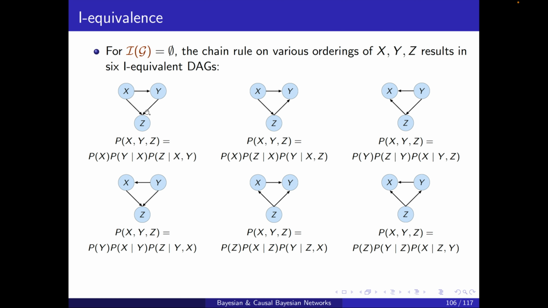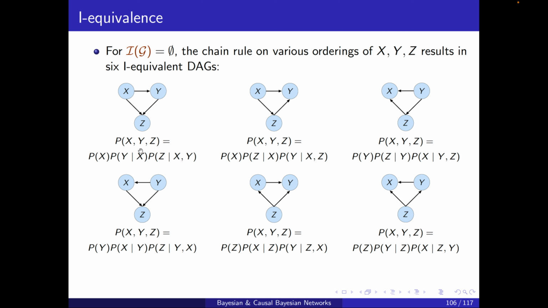Then I can have one of these six possibilities. Recall that if a graph is completely connected, then there's no conditional independence imposed by the graph. This is the situation here. So for example, in this one, x is connected to both of the nodes, so it cannot be independent of them using d-separation, regardless of what we are conditioning on. And the same story with all other graphs.